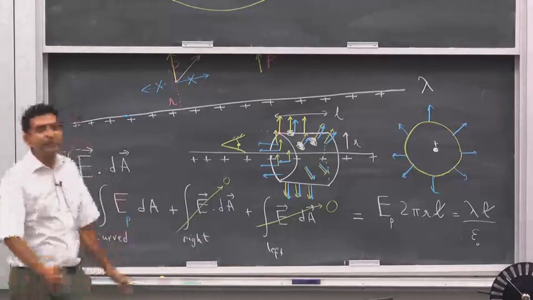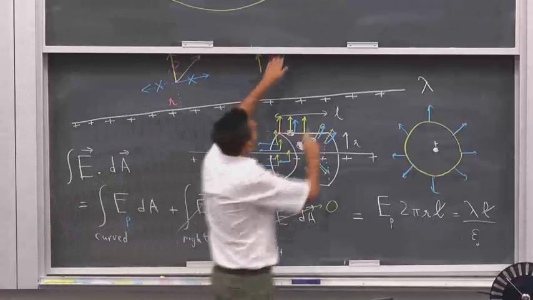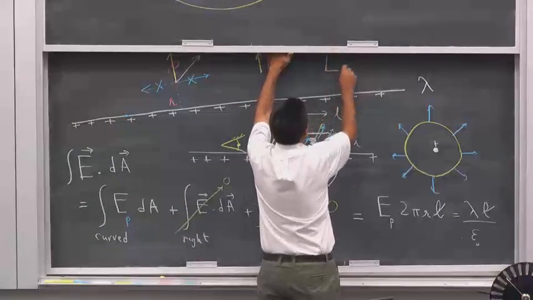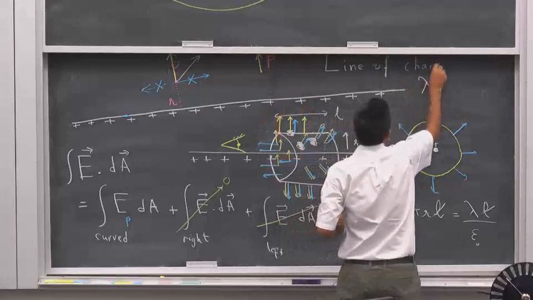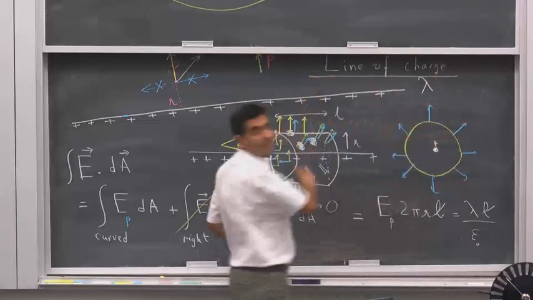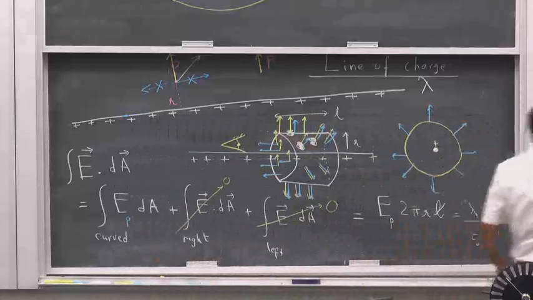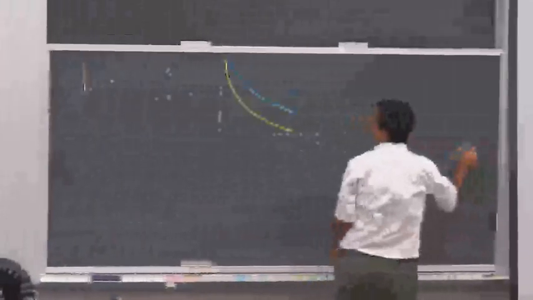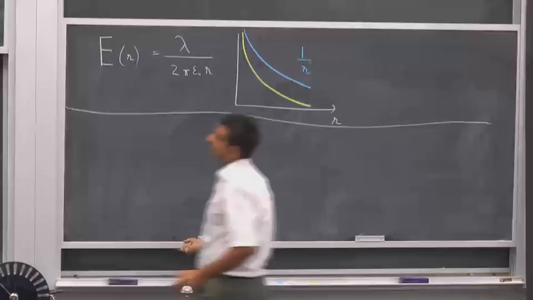Let's look at another example. Quite an interesting example. So this was a line of charge, an infinite line of charge. So now what I would like to do or discuss is an infinite sheet of charge.